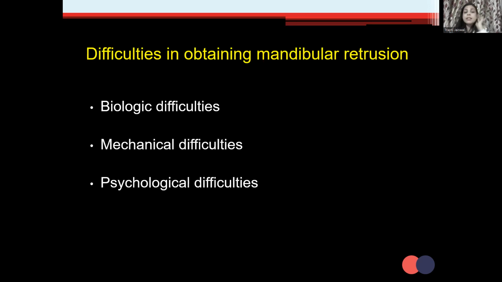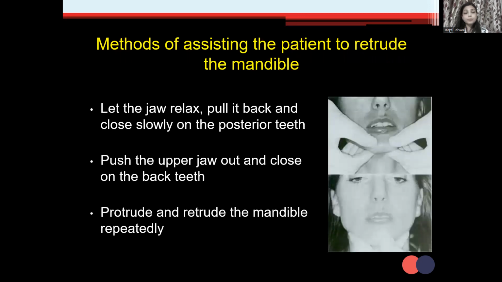And the psychological difficulties: the patient is uncooperative, not ready to move to that position, and goes to the habitual centric relation position only, because over a long period of edentulism, the patient attains a habitual centric relation position and finds it more comfortable. So if the patient is not cooperative, it is difficult for the dentist to guide him into the centric relation position, and that can create difficulties in obtaining mandibular retrusion.